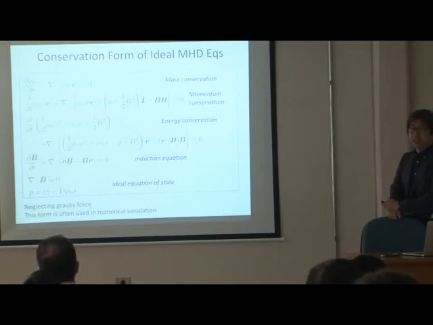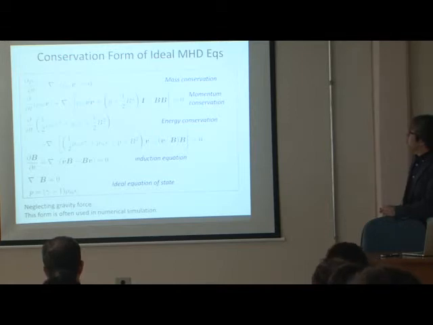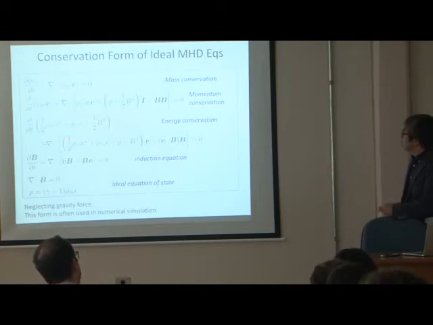This time I skipped the derivation of the energy conservation equation, but in a similar way to the mass conservation and the momentum conservation, you can get the energy conservation equation also. So the upper one is the mass conservation, the second one is the momentum conservation, and the third one is the energy conservation equation.